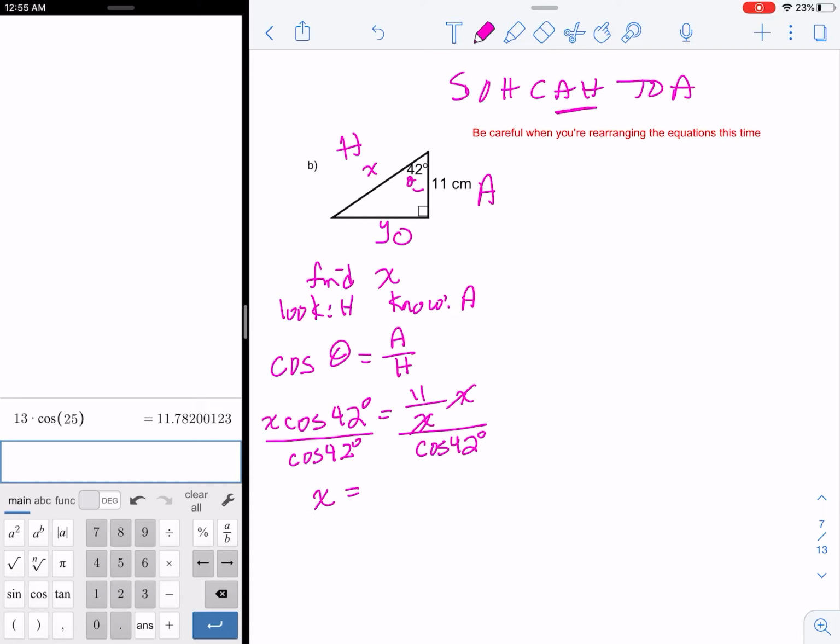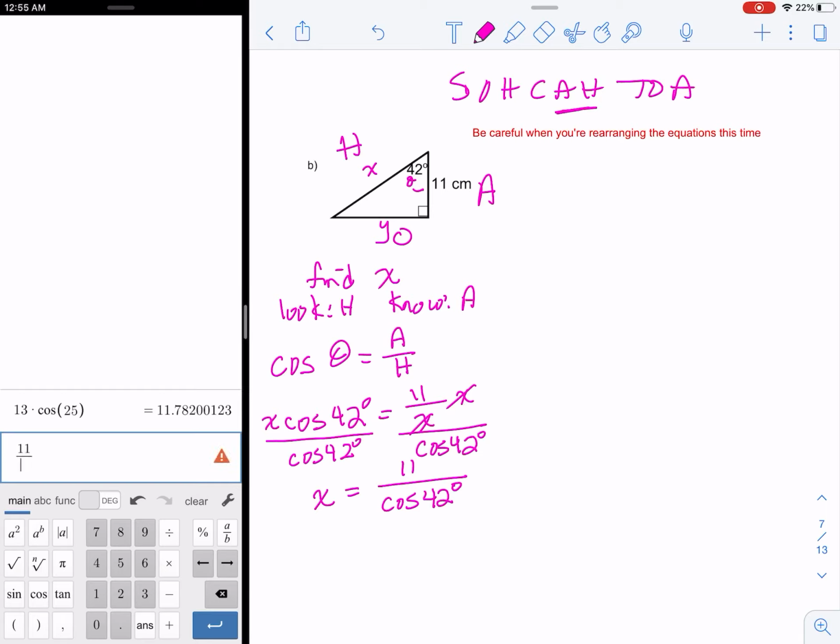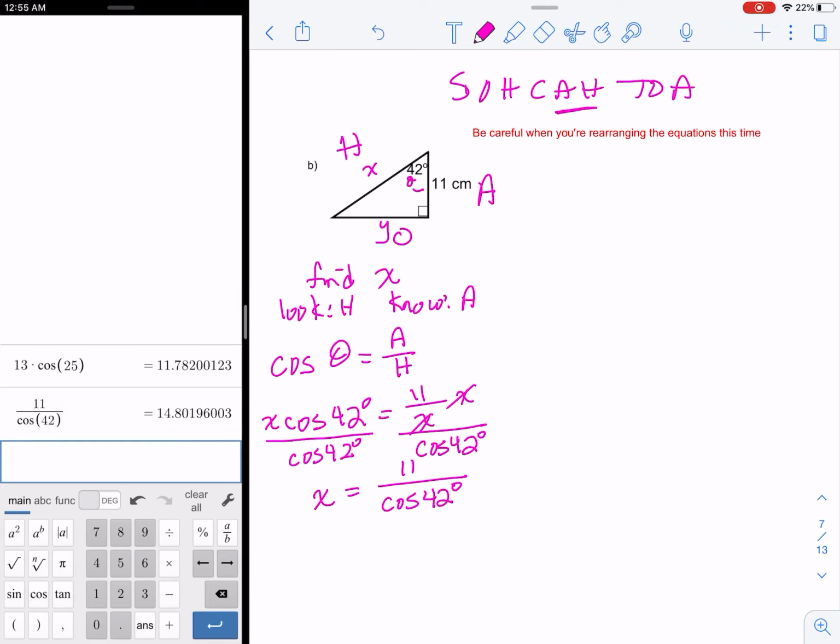So x equals 11 divided by the cosine of 42 degrees. So over here we've got 11 divided by the cosine of 42 degrees, and that equals 14.8, and this is centimeters this time.